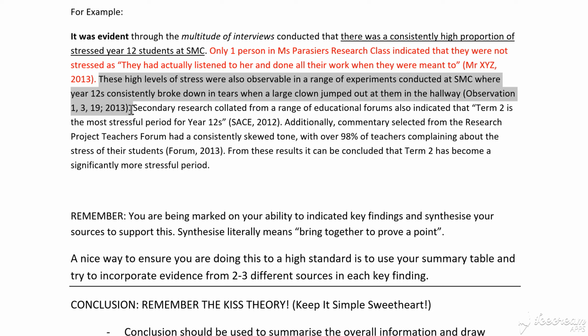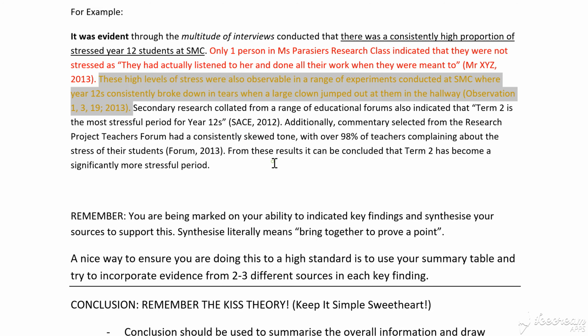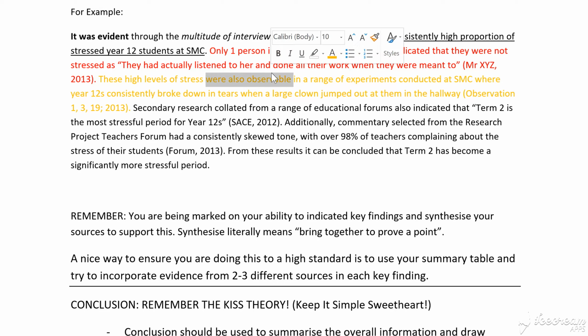Then this is supported by another piece of evidence. Now, what's really important is that we've got linking evidence, so it's not just whacked in. We're saying, here is an idea, there was high stress, and we've seen that in the quote. And then it was also observed. We're building an argument here.